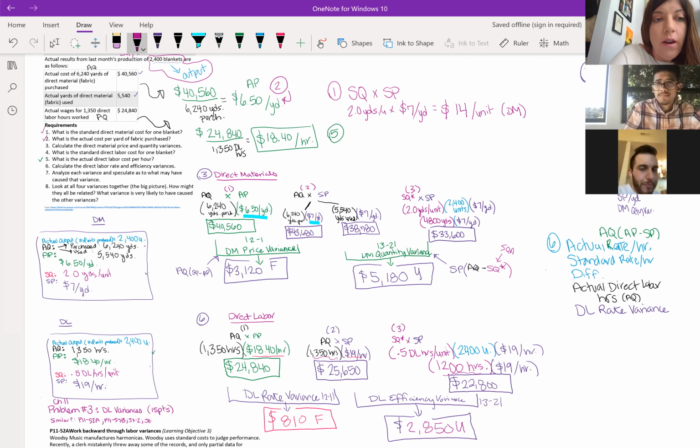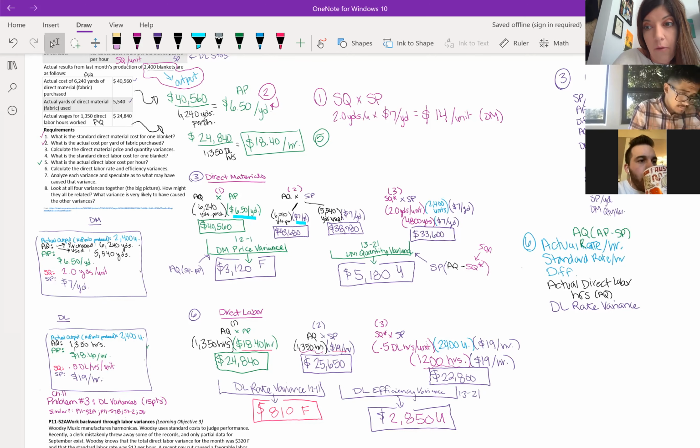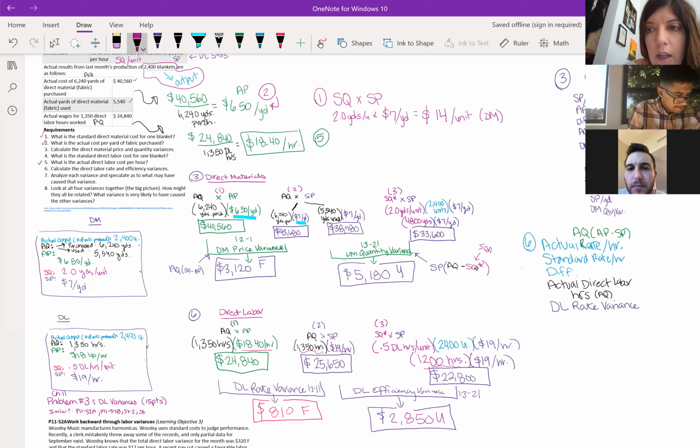For number 3, you needed to calculate the direct materials price and quantity variances, which we did. But the way that they're going to make you do it is like over here. So I'm just going to set it up for you so you can see it. Standard price per yard is $7 per yard. The actual price per yard is our $6.50 per yard. So the difference is 50 cents per yard.